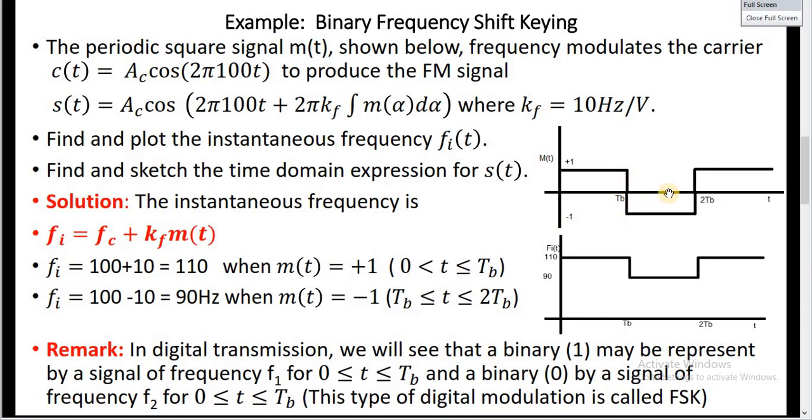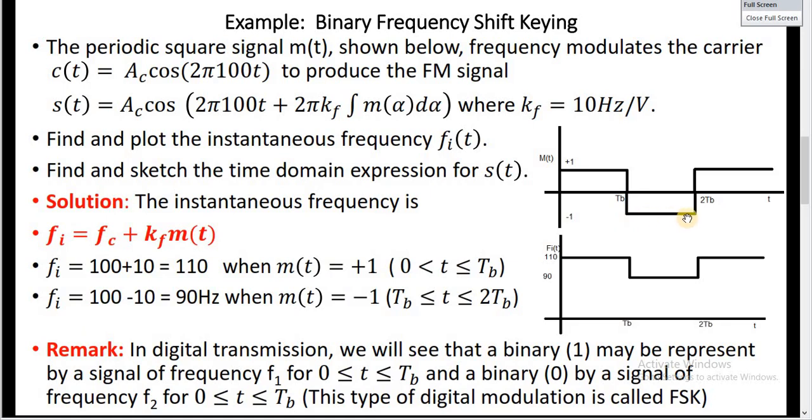For t between TB and 2 TB, m of t equals minus 1. So the instantaneous frequency equals fc plus k sub f times m of t. M of t equals minus 1 times k, which is 10, and we have another fc, so we have 100 minus 10 equals 90 Hertz.